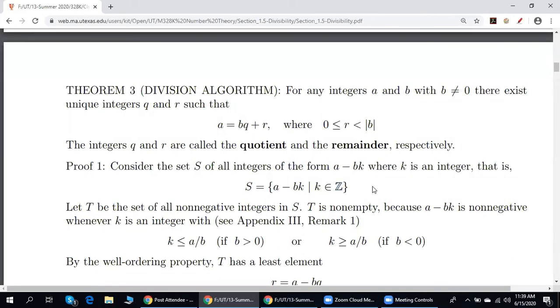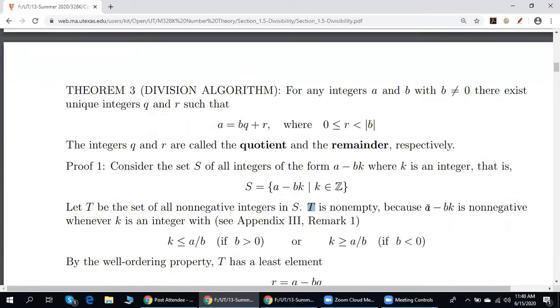Now, let us consider a subset of S. Let us denote this subset by T. T is a subset of all non-negative integers of these. Let us first show that set T is non-empty.